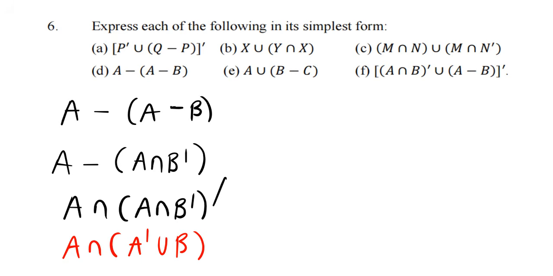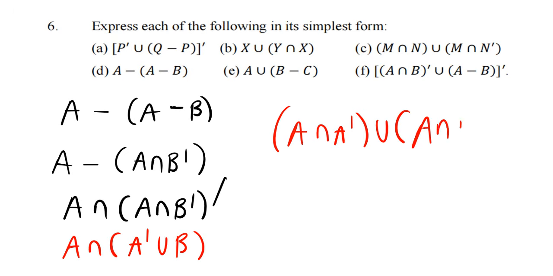However, you can also solve it using the distributive law. So A is going to go with A complement. So what am I going to have? I'm going to have A intersection A complement. Then don't forget you have the union there. I'm going to put my union here. Then again it will be A intersection B actually.